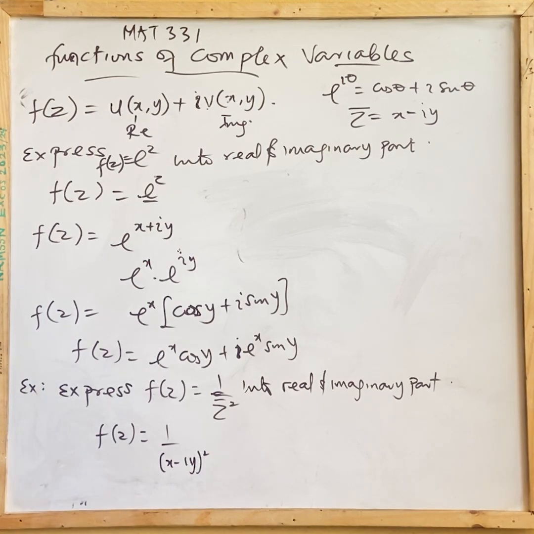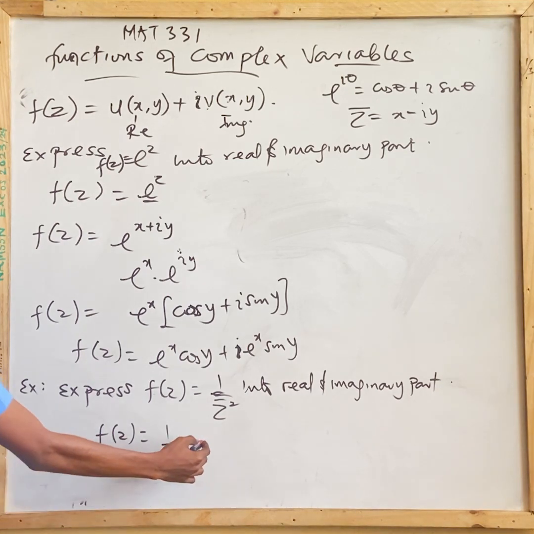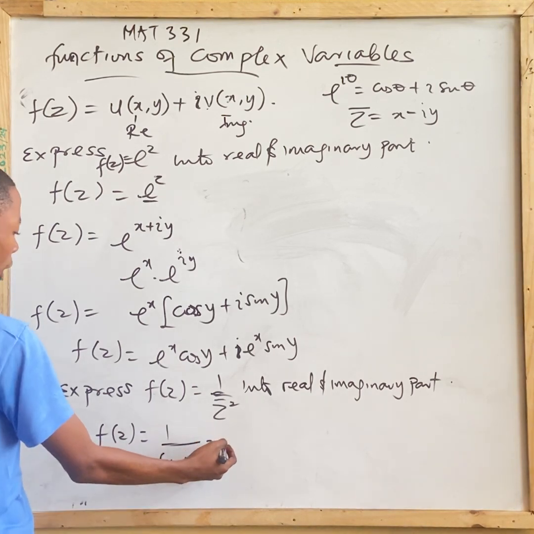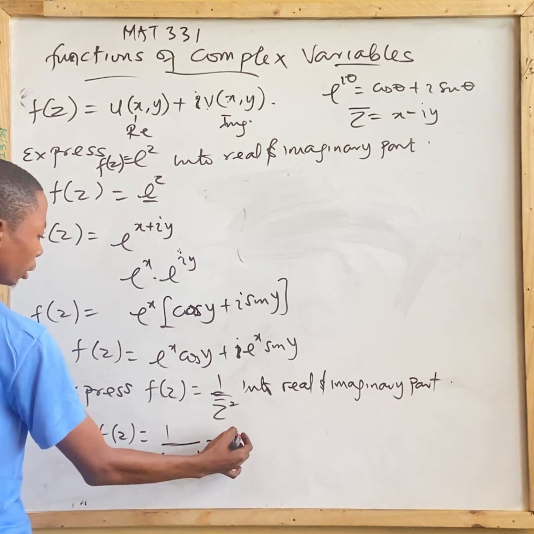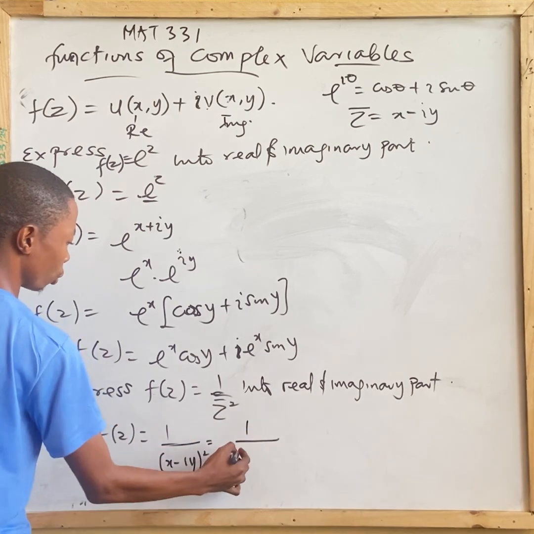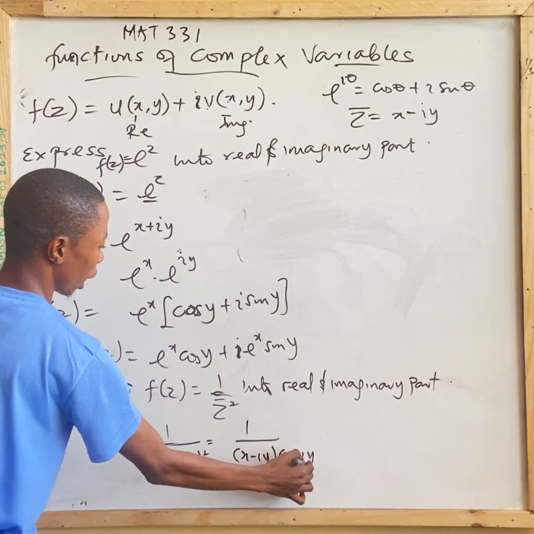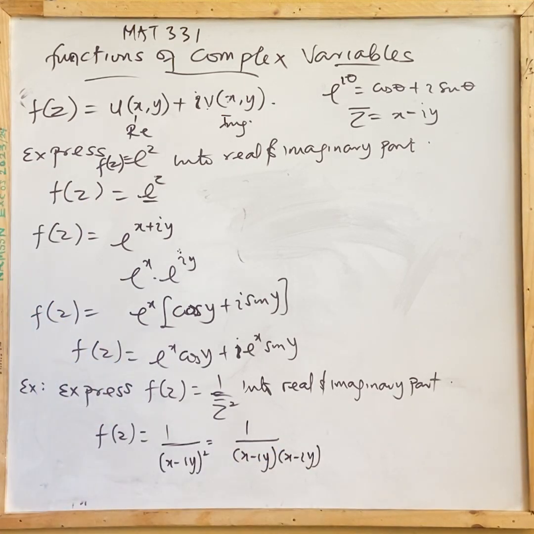How will I express this one? What I'm going to do is open the bracket, so I'm going to have 1 over x minus iy times 1 over x minus iy.